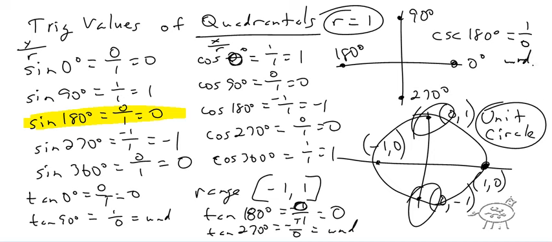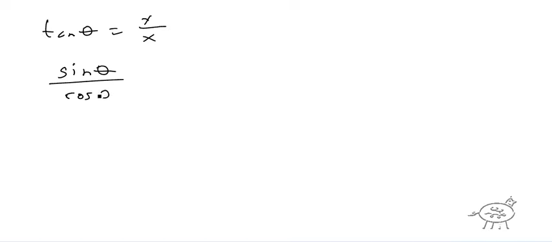Okay? Not too bad. I want to talk about tangent here. You guys know already tangent of theta is equal to y over x. Well, let's do something kind of fancy here. What's sine of theta over cosine of theta? Well, isn't that y over r, isn't that what sine is, divided by x over r?